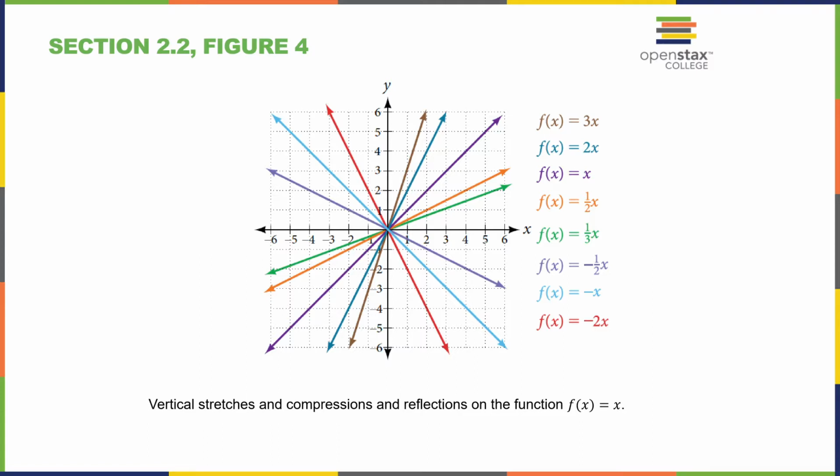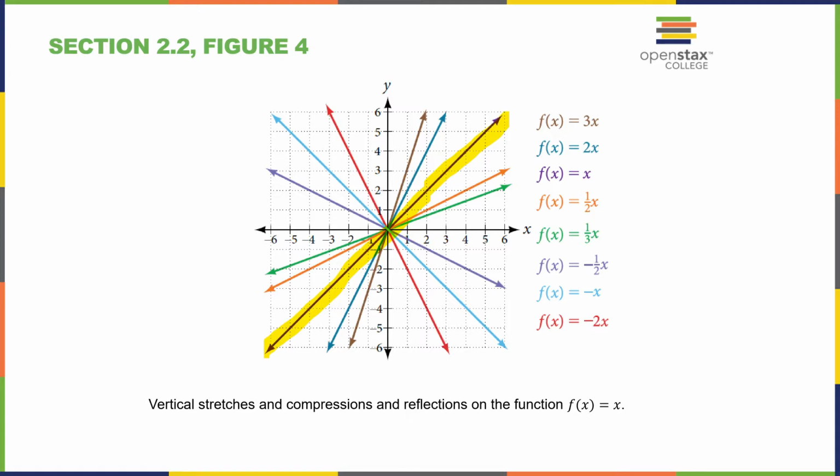What do stretches and compressions vertically do to a graph? And what about reflections? So taking a look at this, I want to start off by reminding you that our parent function, if you will, or our basic linear function, is f of x equals x. Okay, so that one right there is the standard function.